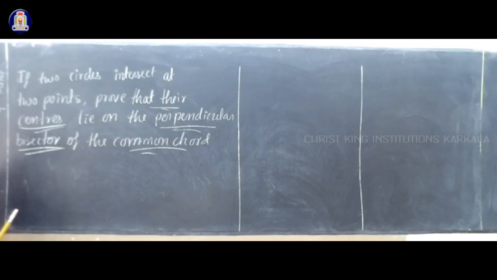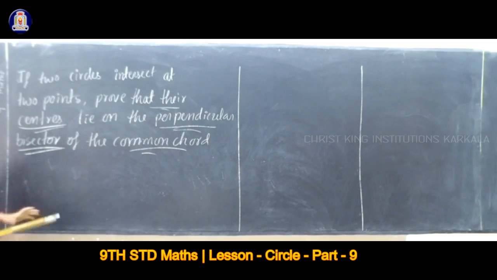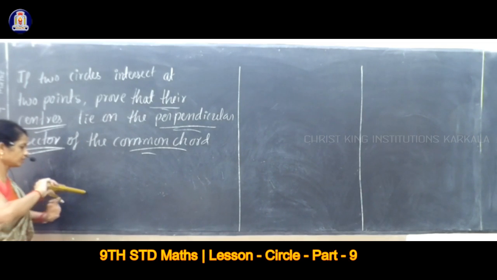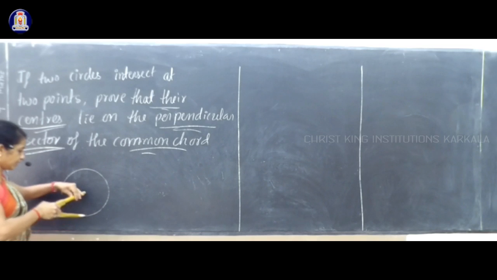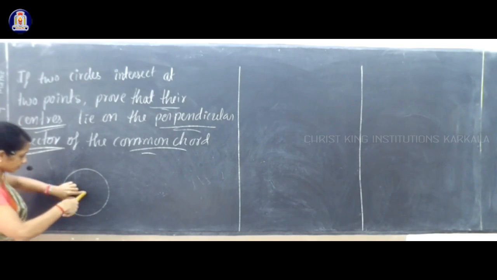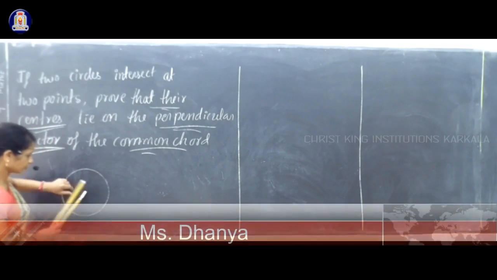Read the question. If two circles intersect at two points, you have to draw two circles such that they intersect at two points, like this. Okay, the centers you have to mark.